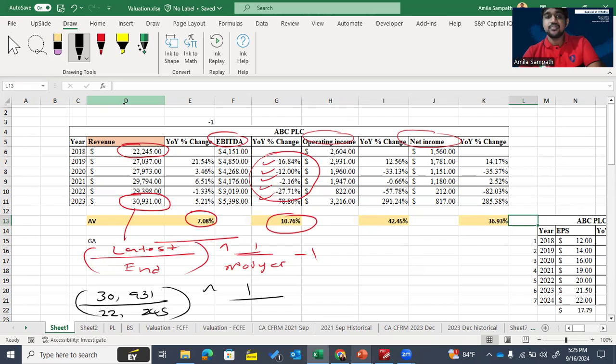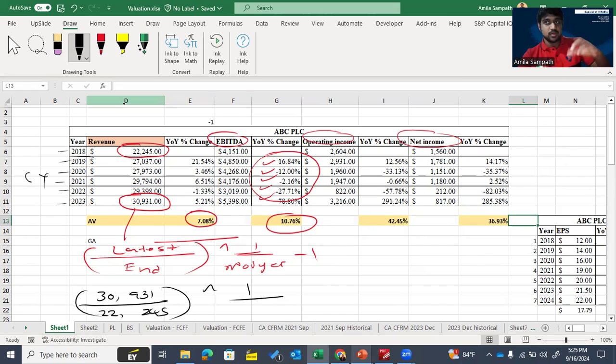Then how can we decide the number of years? If I take 6 years, 2018, 19, 20, 21, 22, 23, there are details for 6 years. Is it okay? No, it is not okay. Because this 22 is the beginning balance as at 2019, and the end of 2023 balance is 30.